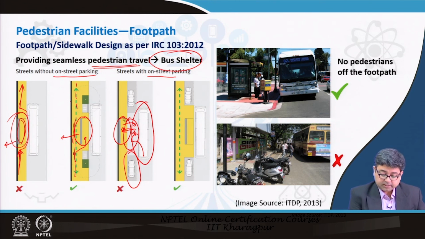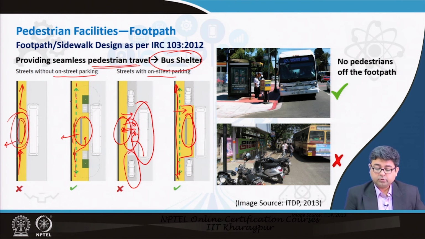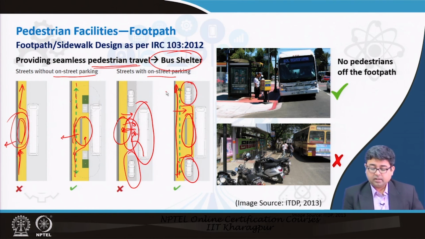So, instead this sidewalk has to be extended outward, and provide a bus shelter. It still remains a through access for pedestrians who do not want to access the bus, and then there is parking alongside, right. This situation should be avoided, because the bus is not coming all the way here, or the bus shelter has not been extended all the way here.